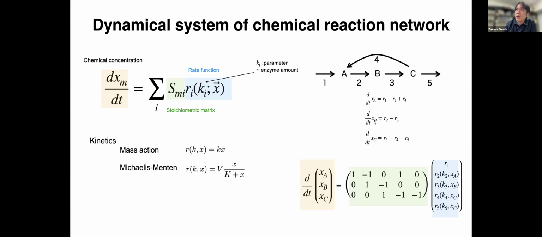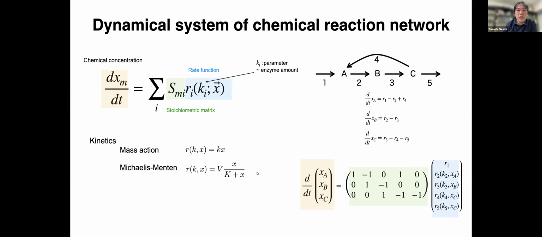For example, xB dot is given by R2 minus R3, because B is produced by the second reaction and consumed by the third reaction. These equations can be written compactly in matrix notation like this, and this matrix is the stoichiometry matrix.